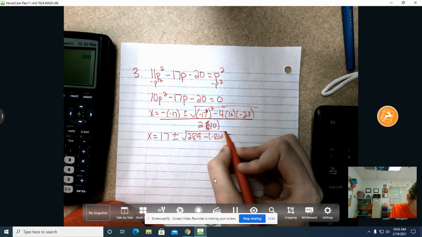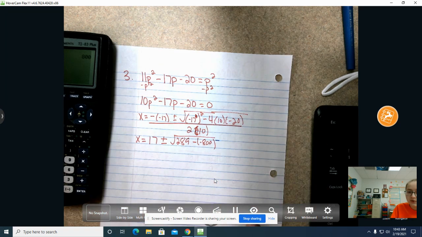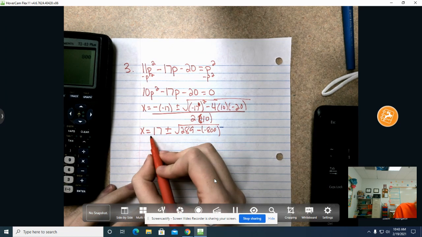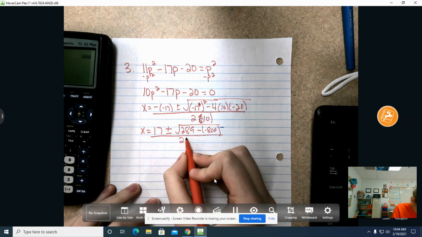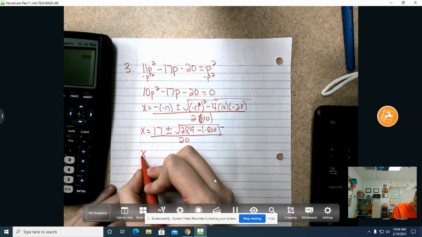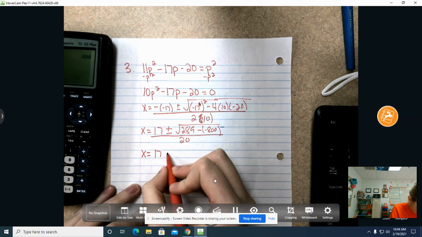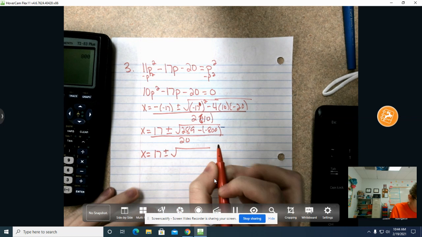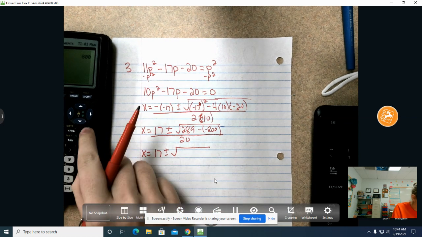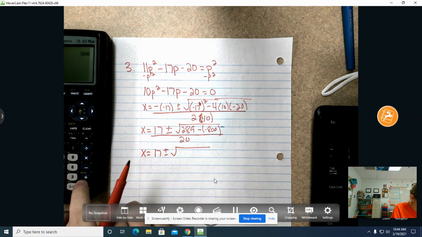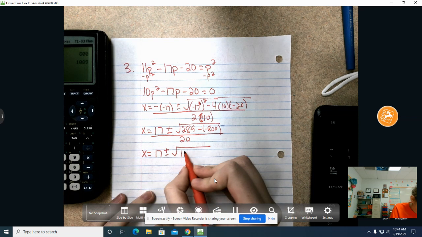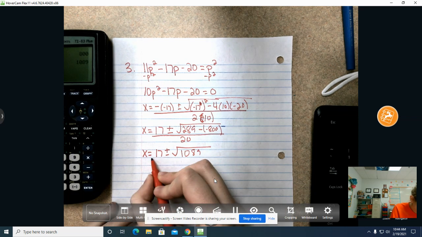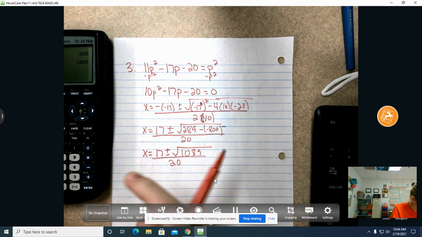I brought down my minus sign. 4 times 10 times negative 20 is negative 800, all over 20. Then x is going to equal 17 plus or minus the square root of 1089 over 20.